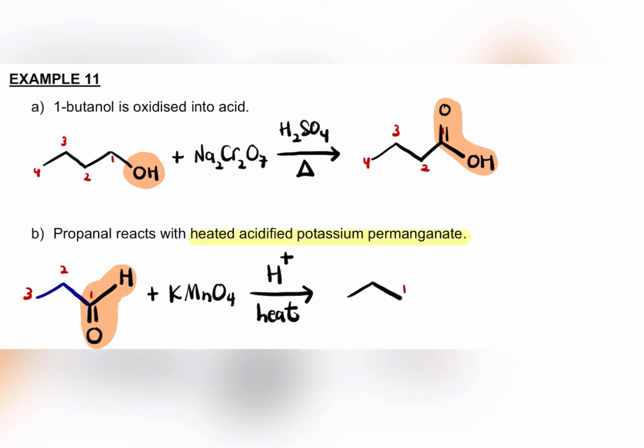And at first carbon, you are going to put carboxyl group, double bond O, single bond OH. So this is my acid: propanal undergoes oxidation to form propanoic acid. As you see here, carboxyl functional group in the structure of your product. So this is propanoic acid.